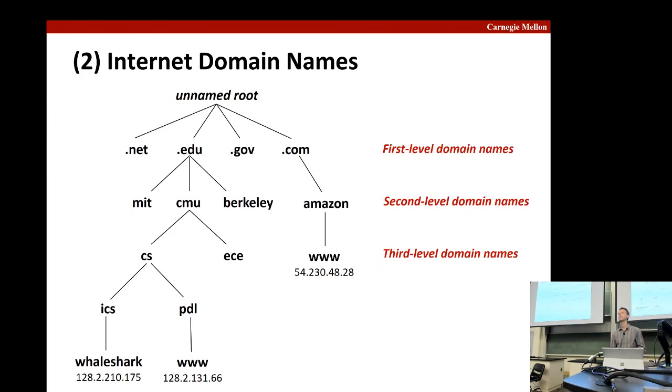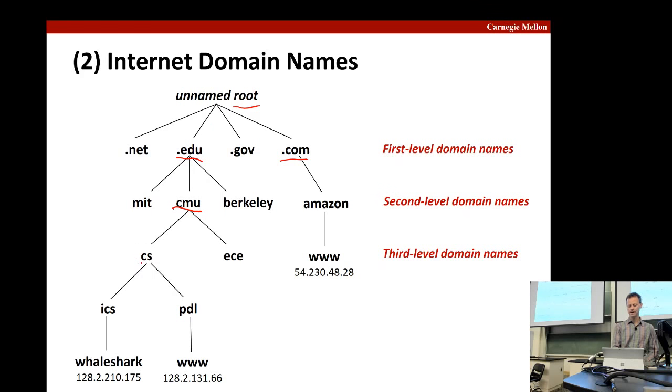So you're probably familiar with thinking about how these domain names work as a kind of hierarchy. We start with the root, and then we have the .edu and the .coms and so forth. Under .edu, you'd have things like cmu.edu.